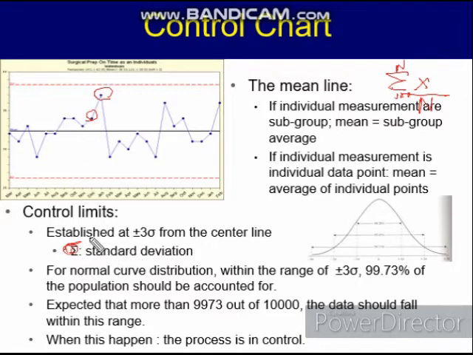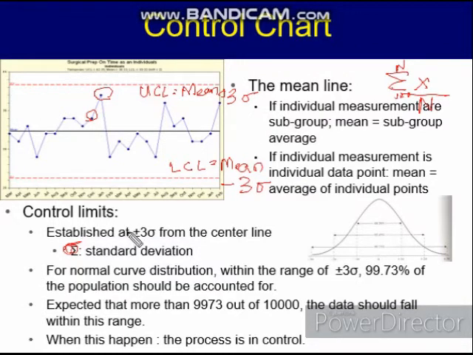So the control limit is established at plus or minus 3 sigma, 3 standard deviations. The upper control limit equals the mean plus 3 sigma, and the lower control limit down here equals the mean minus 3 sigma, where sigma is the standard deviation.